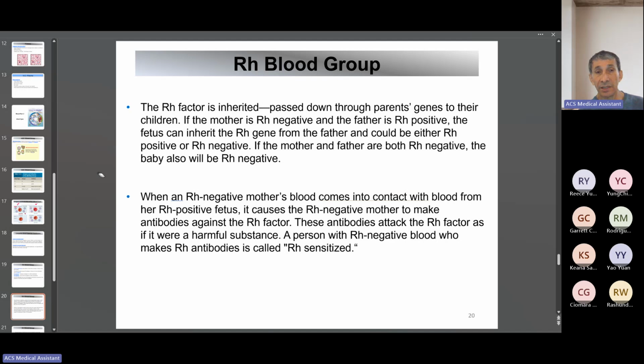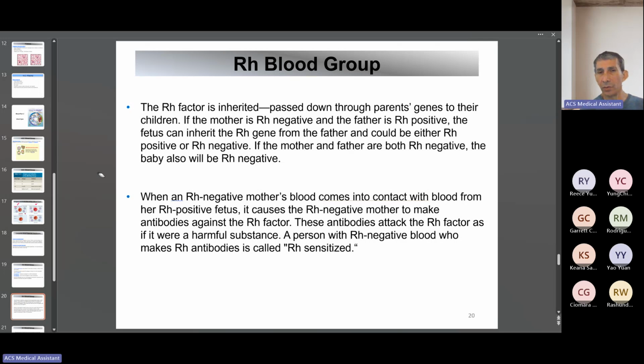But if he's positive, you're going to have problems. That's why you have to be evaluated by a doctor. If a doctor evaluates you and checks that you are negative, the doctor is going to give you a medication, an injection before the baby is born and after the baby is born. That medication is called Rogaine.